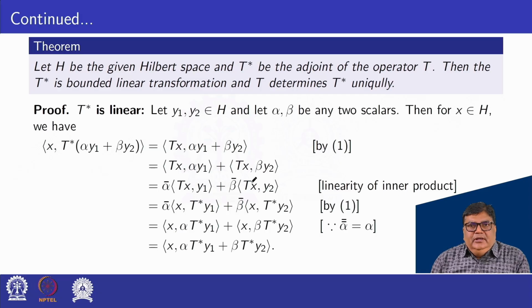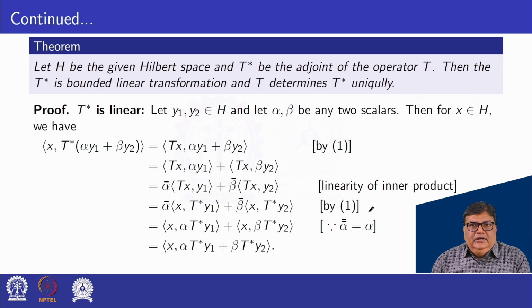By conjugate linearity property of inner product, this can be written as alpha bar inner product of Tx and y1 plus beta bar inner product of Tx and y2. Again by property 1, this can be written as alpha bar into inner product of x and T star y1 plus beta bar into inner product of x and T star y2.